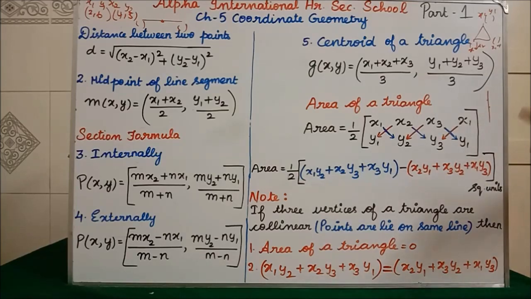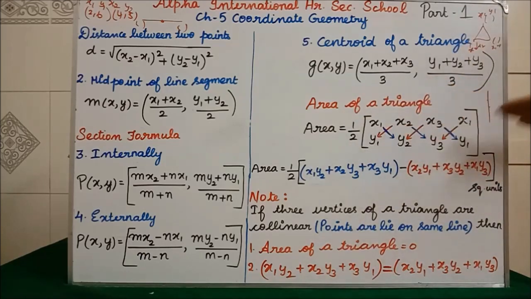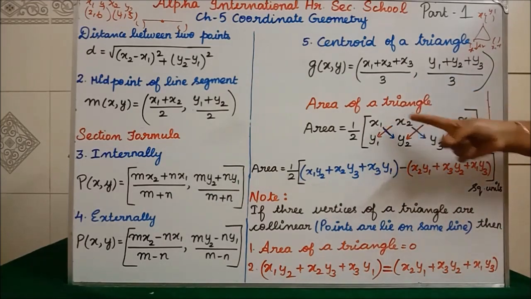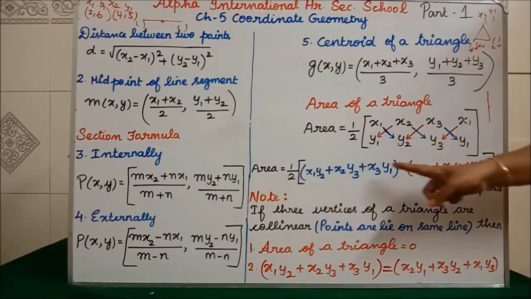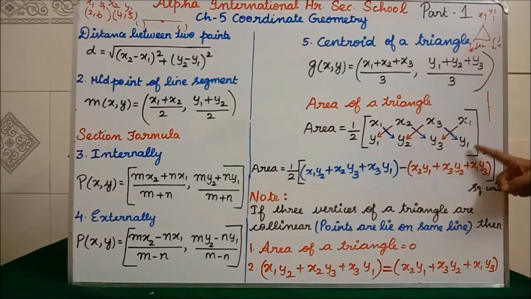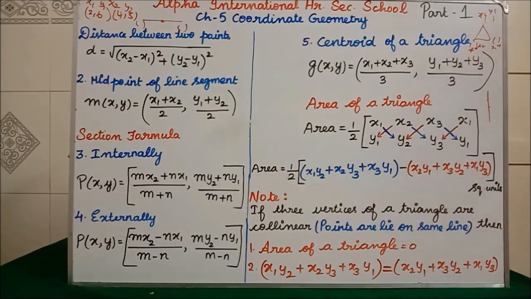Here area is equal to 1 by 2. First you see the blue color marker, that only we are going to write. Blue color arrow mark you see: x1 y2 plus x2 y3 plus x3 y1. Close the bracket. Now we are going to do it in the opposite direction.